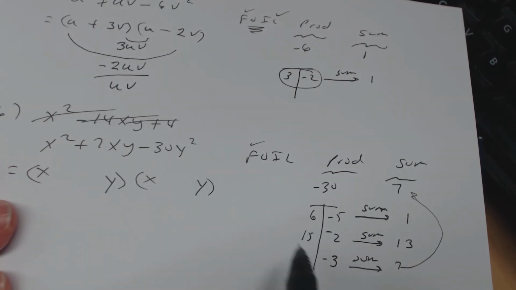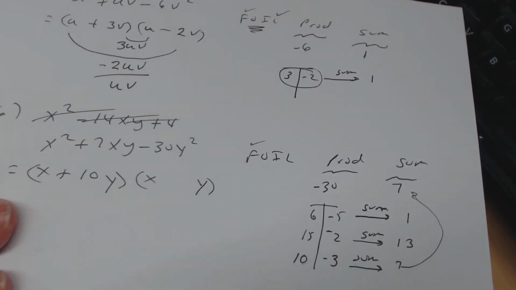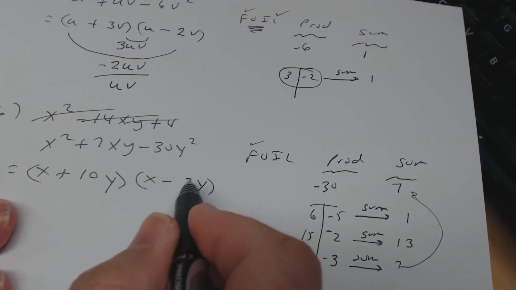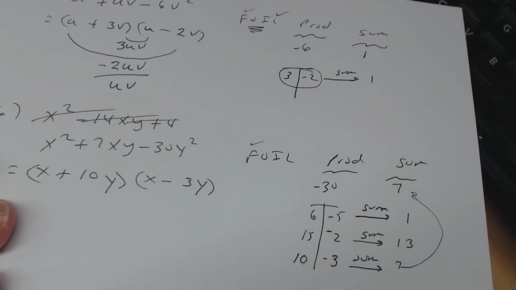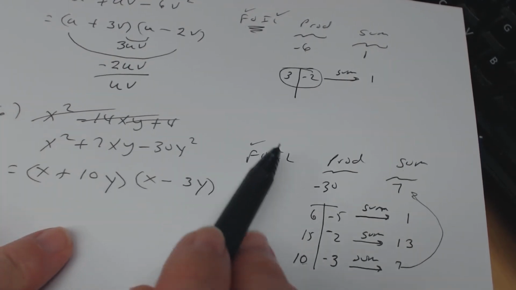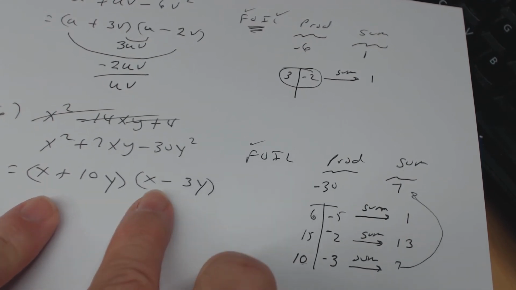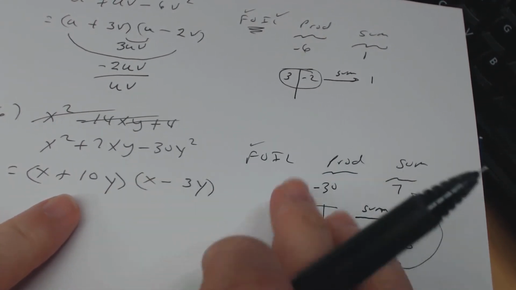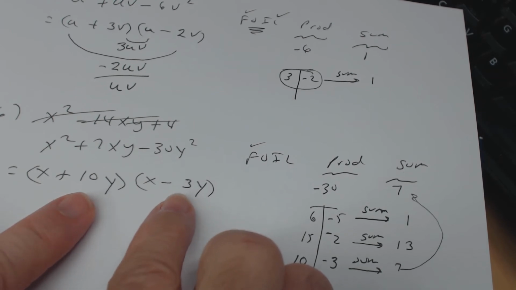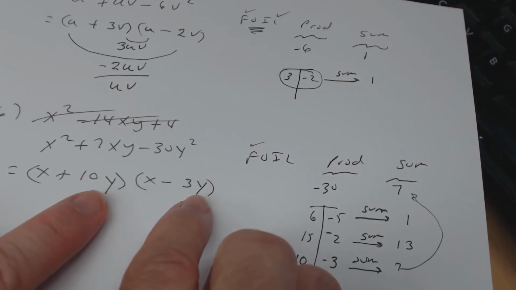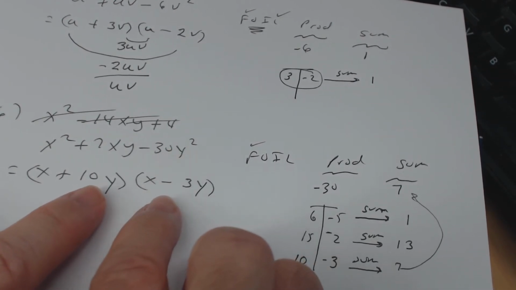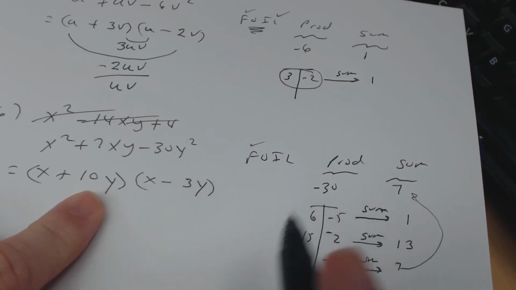So I'm going to get x plus 10y times x minus 3y. Again, before you go on, you should always check your work. x times x is x squared. For the last, a positive 10y times a negative 3y: y times y is y squared, and a positive 10 times a negative 3 is a negative 30.